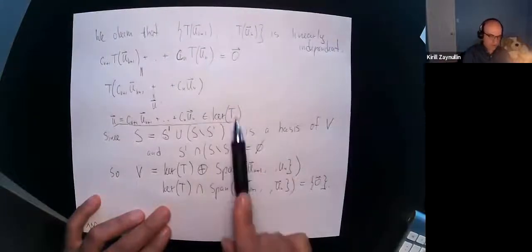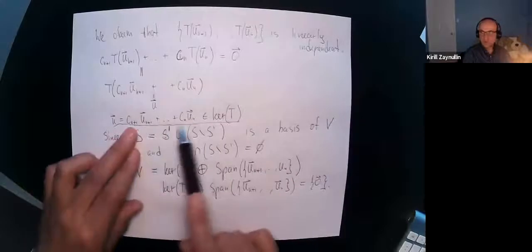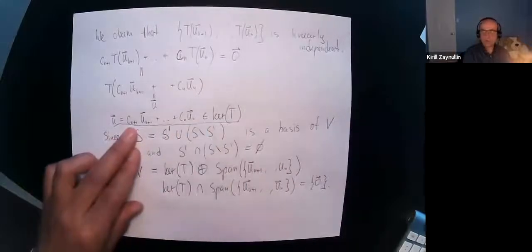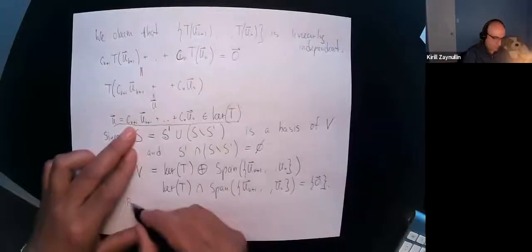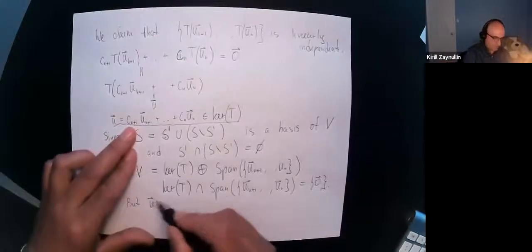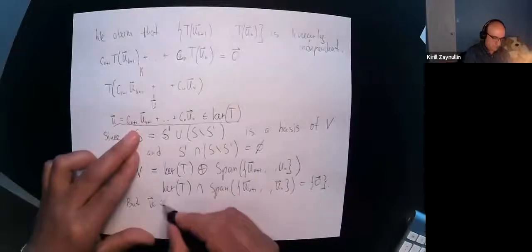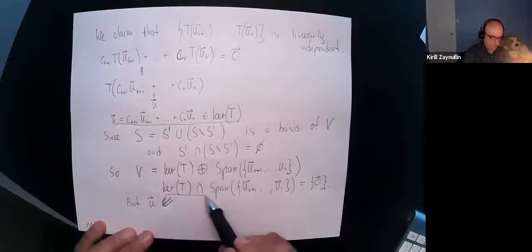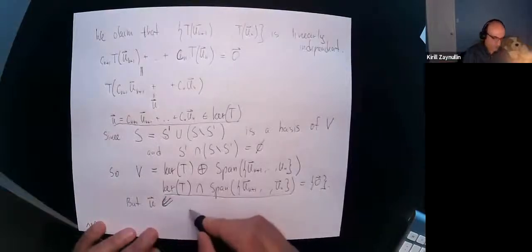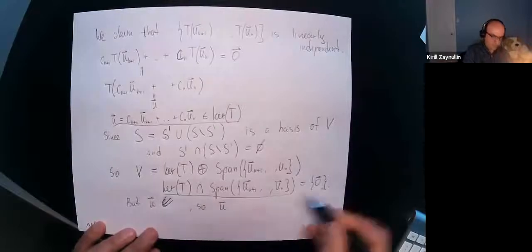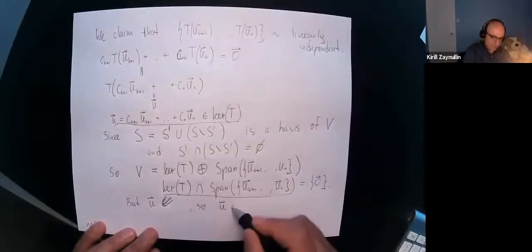But on the other side, it's also in the image, this was on the previous slide. So this u belongs to this intersection here. So it has to be 0.